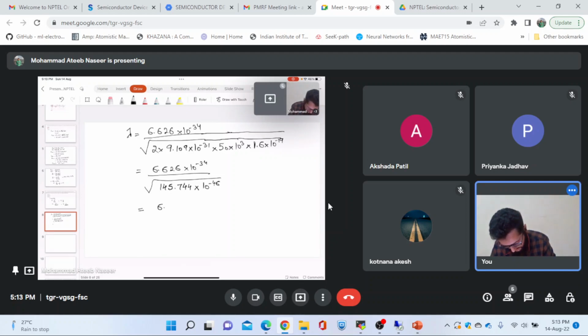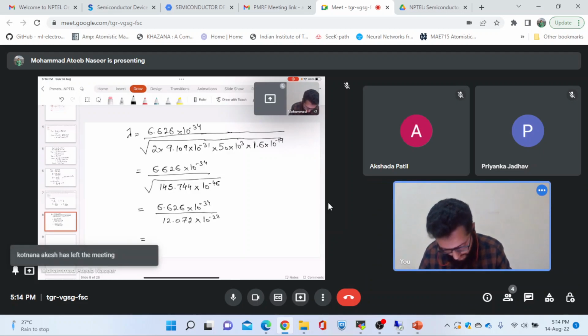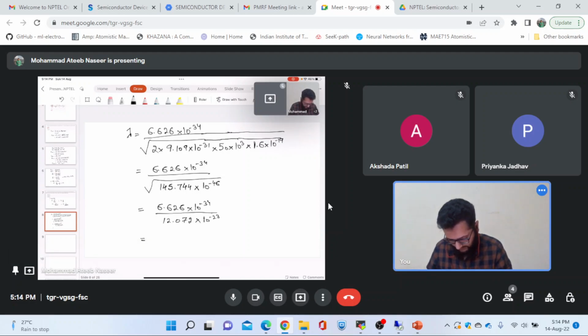Now 6.626 into 10 raised power minus 34, taking the square root of the denominator, it will give us 12.072 into 10 raised power minus 23, or simply we will divide these two to get it to be equal to 0.55 into 10 raised power minus 11.